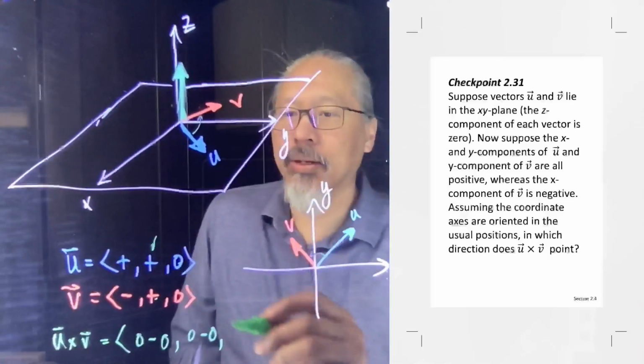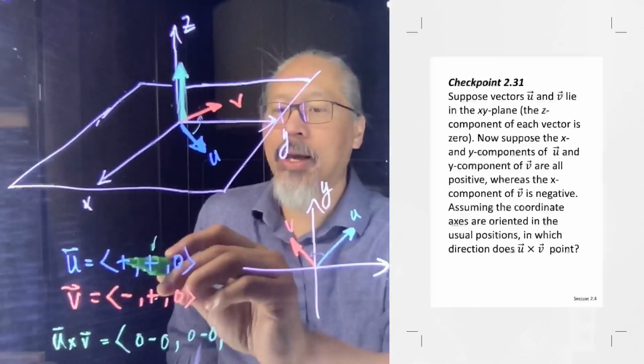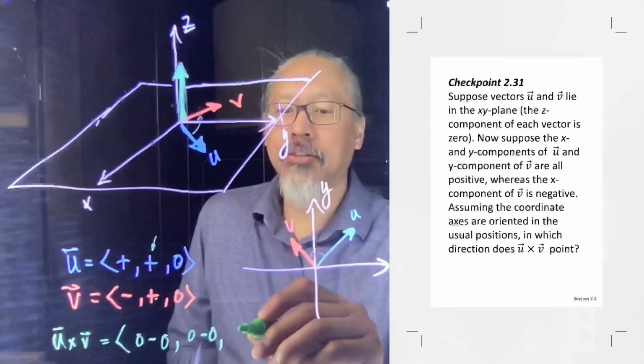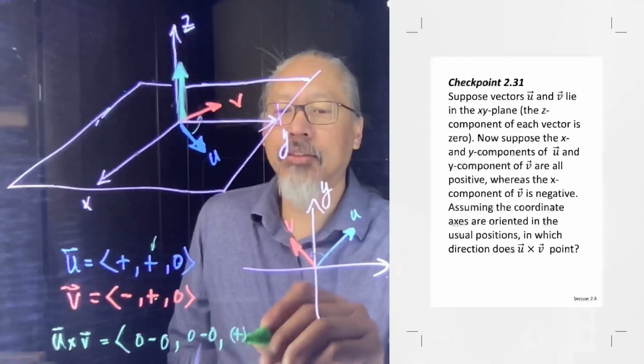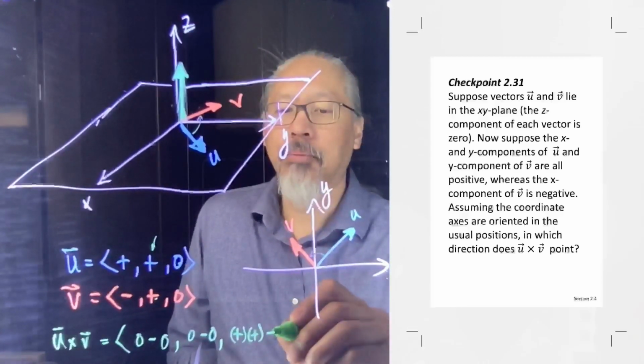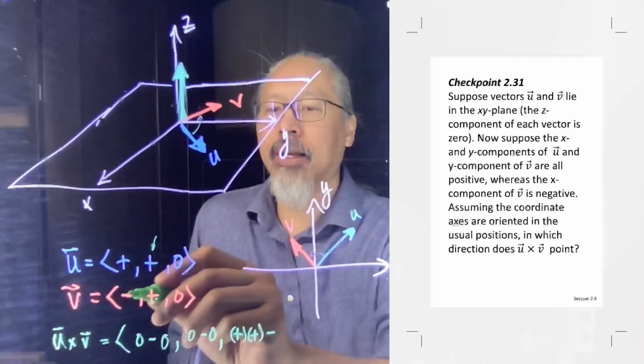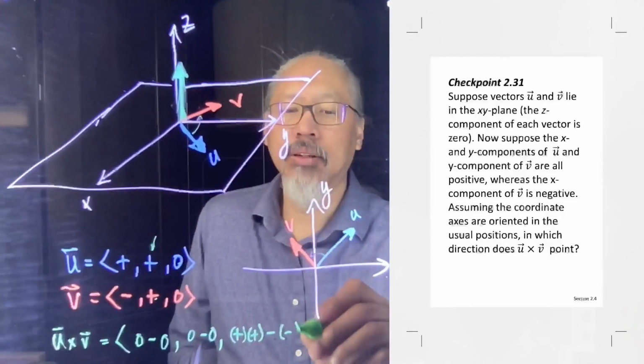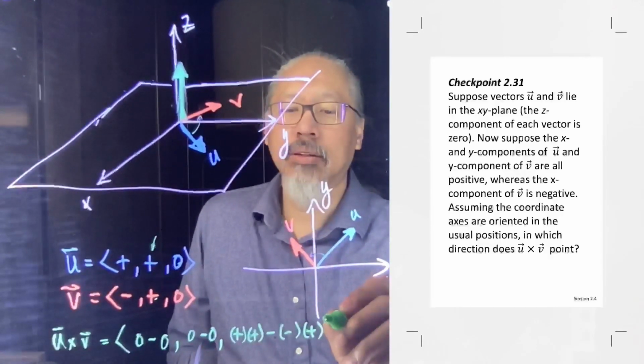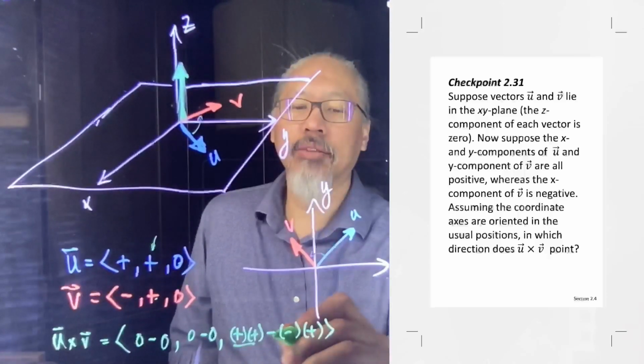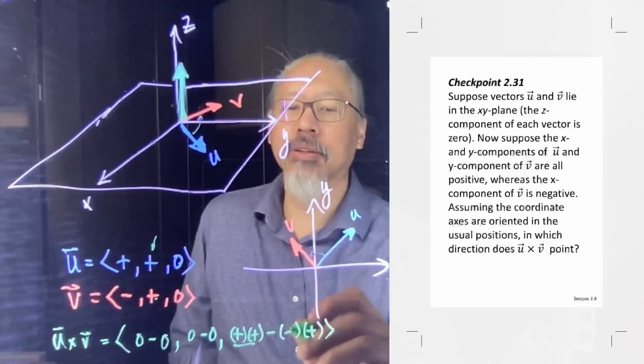And then the z component, this is where it's going to matter. It's going to be a positive times a positive minus a negative times a positive. And so we got positive, negative, negative is a positive, so it's going to be a positive.